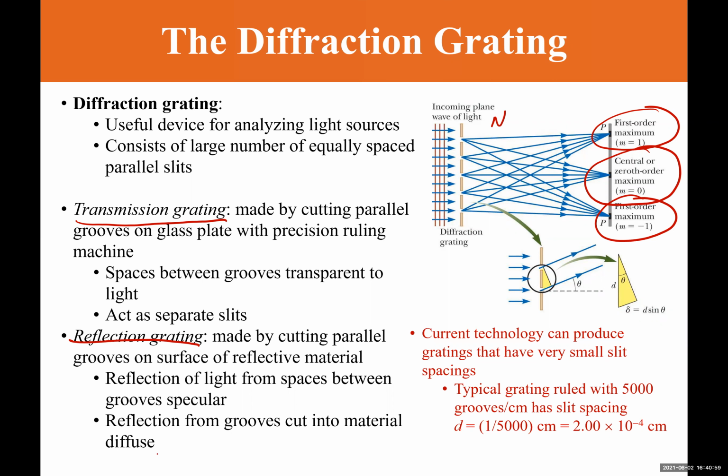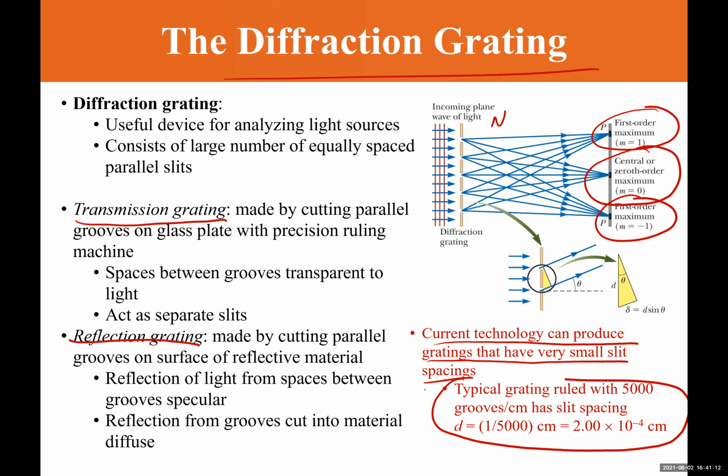All right, so you can see that current technology can produce gratings that have very small slit spacing. And one of the things about diffraction gratings is that sometimes you want to look at how many grooves per distance you have, so let's say grooves or lines per millimeter or per centimeter.